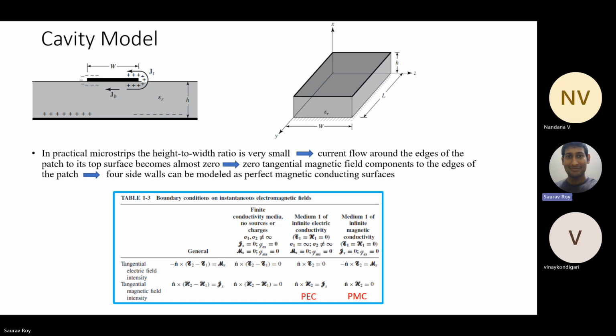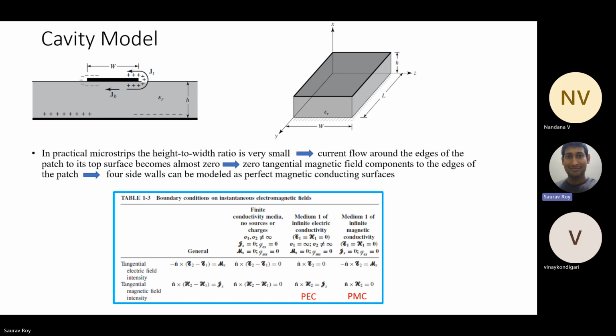In a cavity, you have 6 walls. 2 layers are PEC and 4 layers are PMC. Do you understand this? I hope you got what the 4 side walls are.